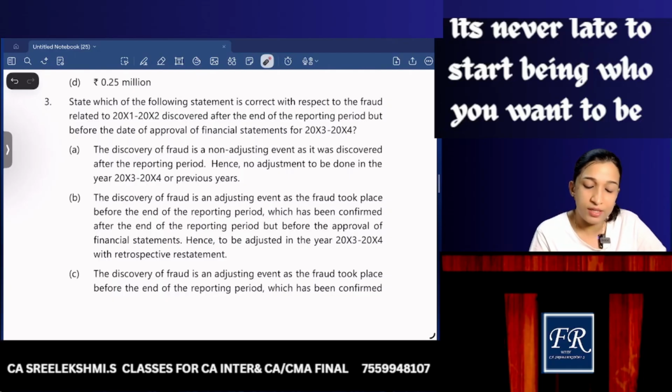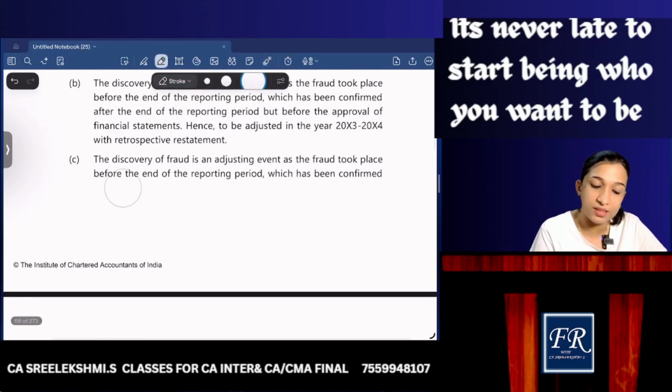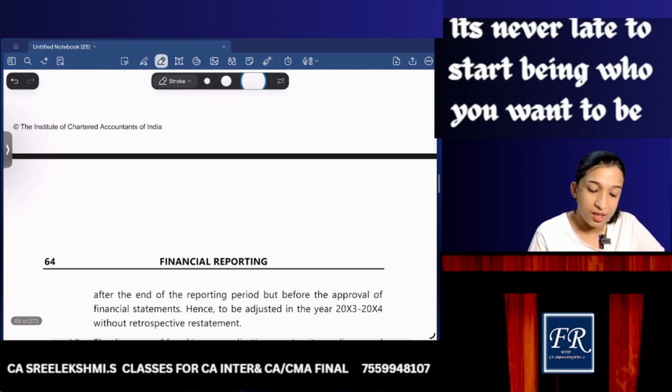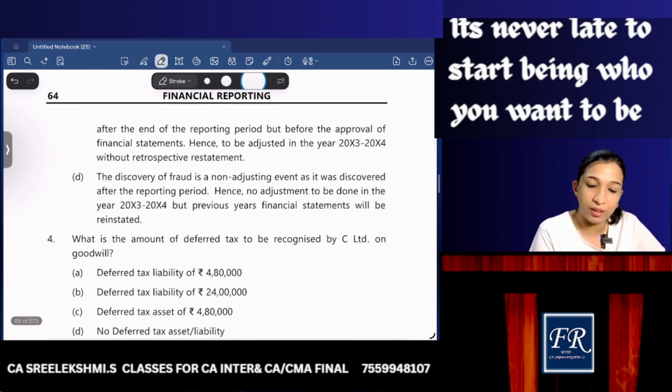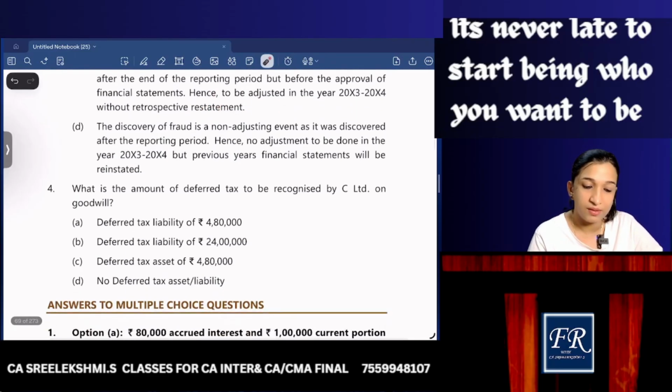So the discovery of fraud is an adjusting event as the fraud took place before the end of the reporting period, which is confirmed after the reporting period but before the approval of financial statements. Hence it is to be adjusted with retrospective restatement. This is the correct option.